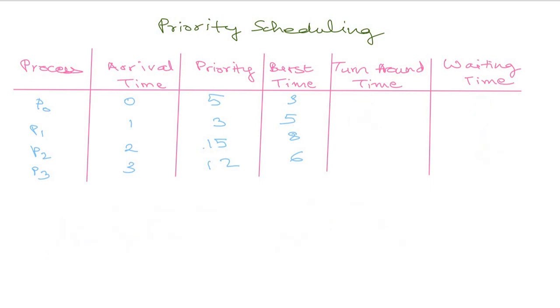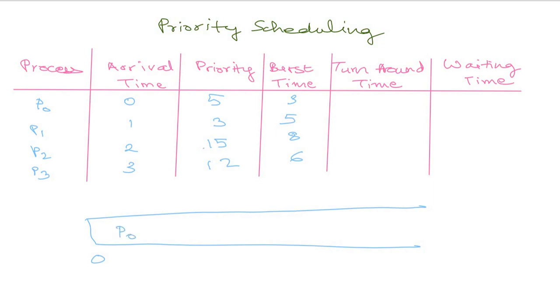So basically in preemptive, let's understand with this example again. At time 0 we have only P0 with us, so we allocate it. Now at time 1 P1 enters, but it has a lower priority, so we still continue with P0.